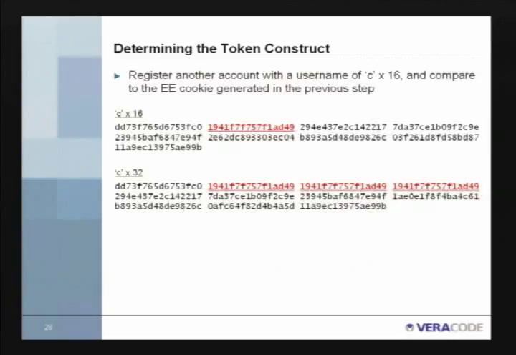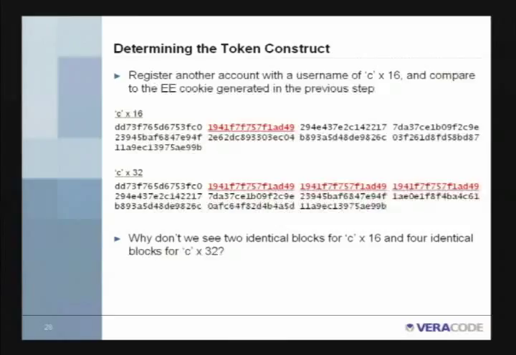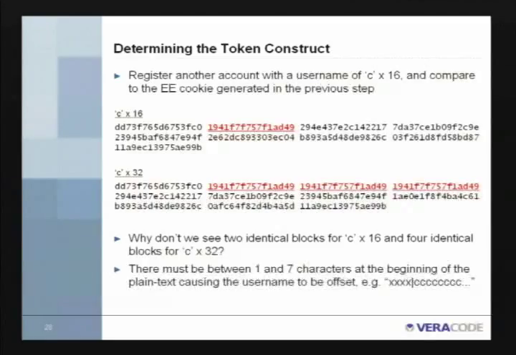The question you might ask yourself at this point is, for the first example, for the C times 16, why don't we see 2 of those? And for C times 32, why don't we see 4 of them? So the guess here, the theory at this point, is that maybe the boundary where the username starts in the plaintext is not exactly on a block boundary.